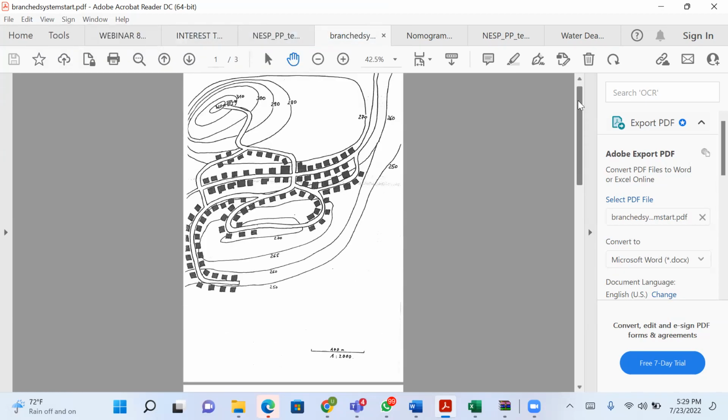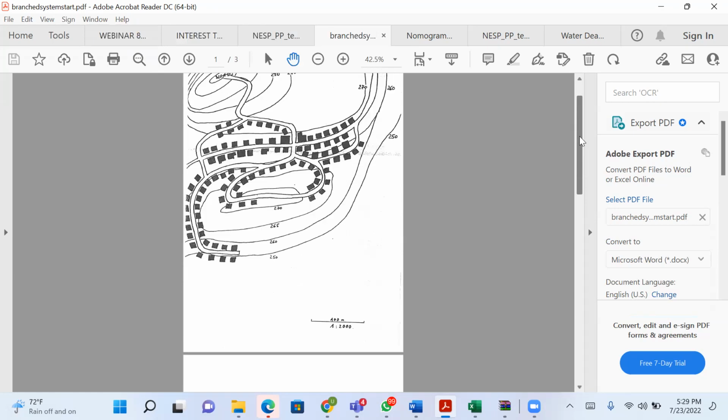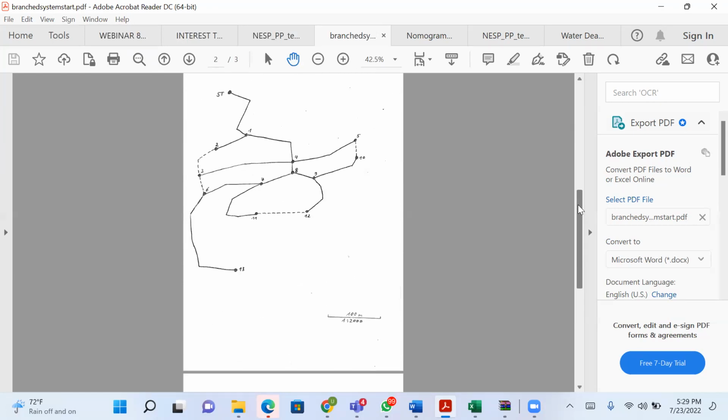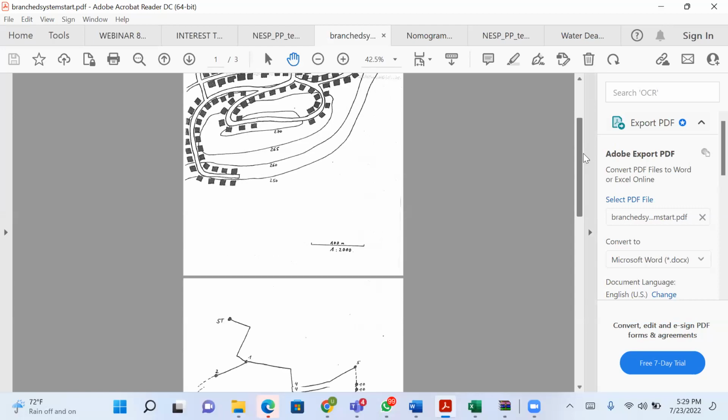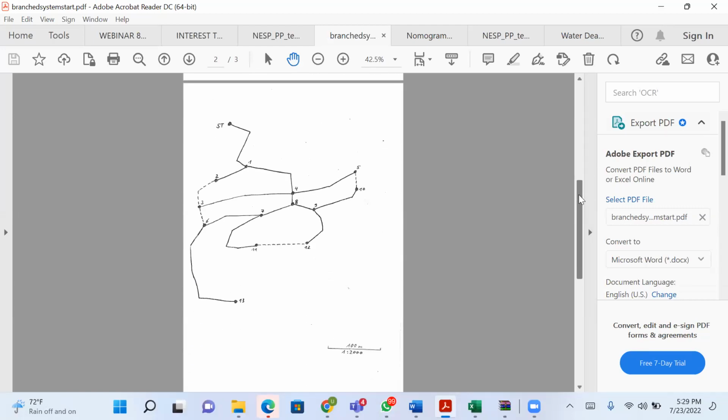This is the original map. This is the distribution network. If you look at it very well, it's making sense, following the right of way. So here now, if I draw this network and I consider these dotted lines, I will call it a loop system.